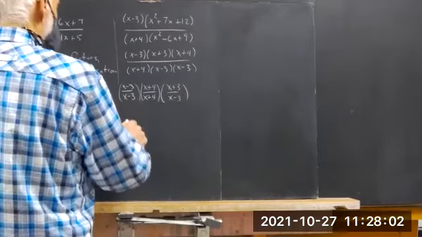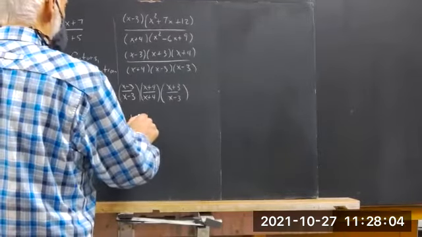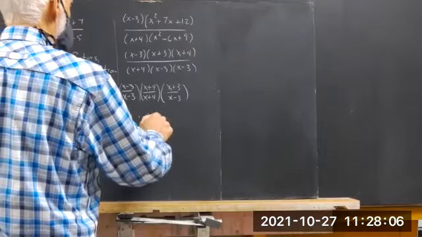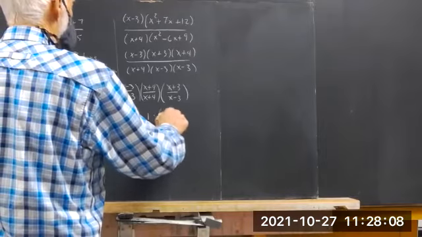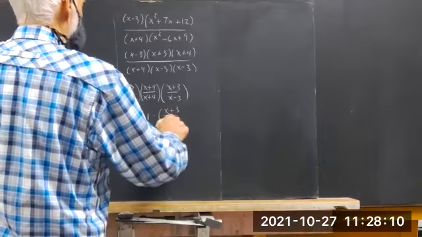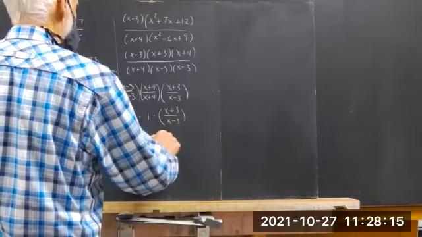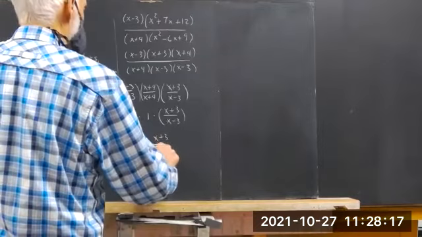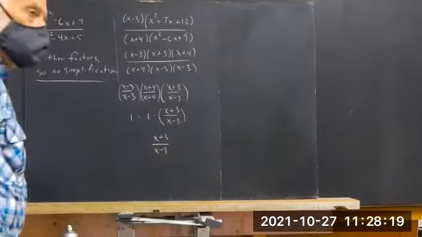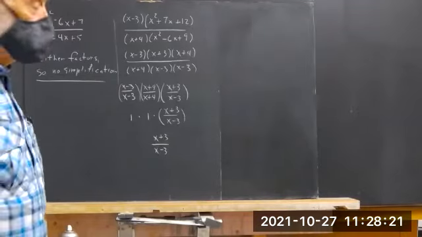And now this is just 1 times 1 times x plus 3 over x minus 3, which equals x plus 3 over x minus 3.